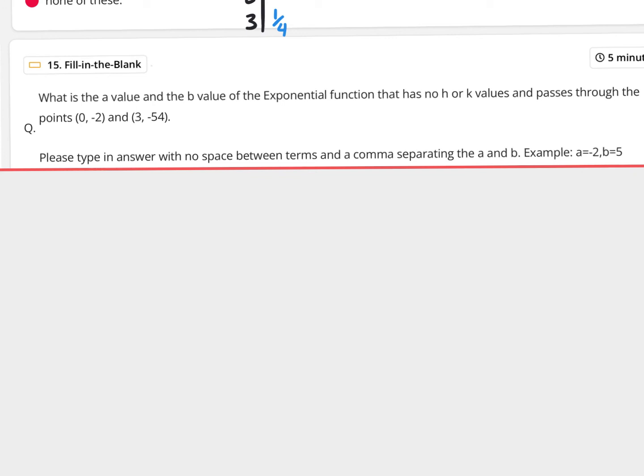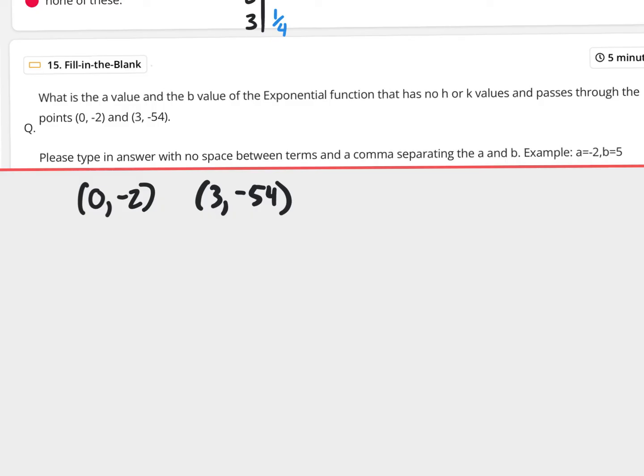Anyhow, this is what we need to do. Let's first start with what we know. We know that these two coordinates, (0, -2) and (3, -54), are points on this exponential function. Now, we don't even know if it's an exponential growth or a decay.